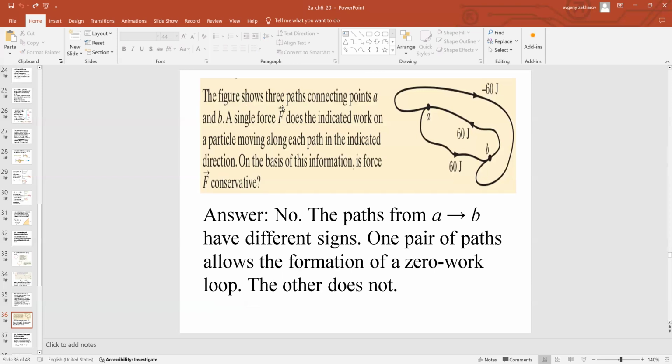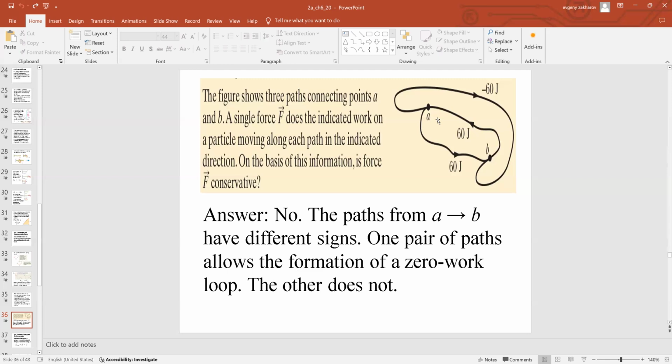We have a figure with 3 paths connecting points A and B. A single force does the work. Is the force conservative? Well, A to B, positive 60. B to A, also positive 60. And A to B, negative 60. Definitely a no answer, because A to B is positive 60 and A to B negative 60 is not possible.